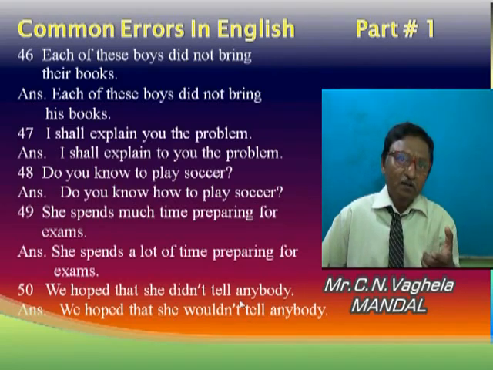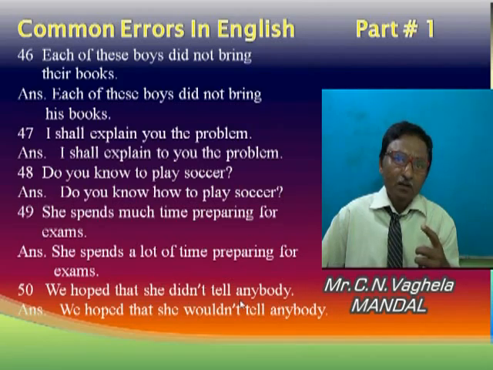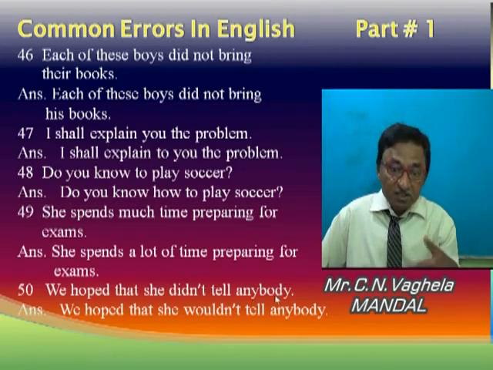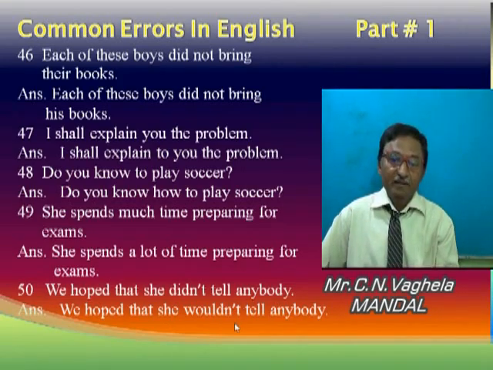So what will be the form? Would, because in future tense we use will, but in past tense we use would for the sense of future tense. So it will be, we hoped that she wouldn't tell anybody.